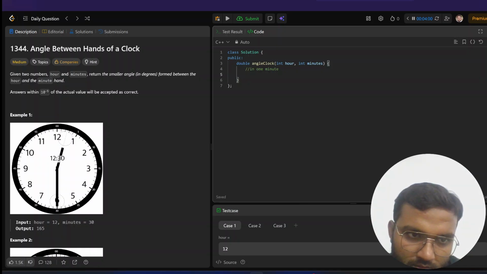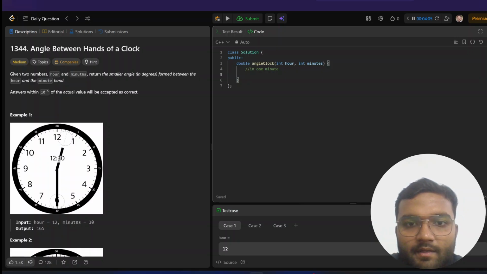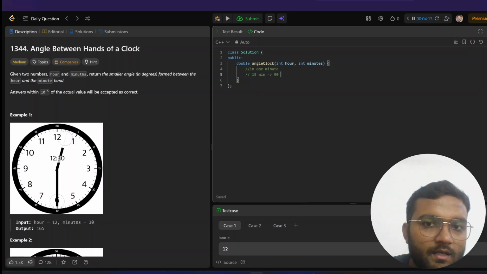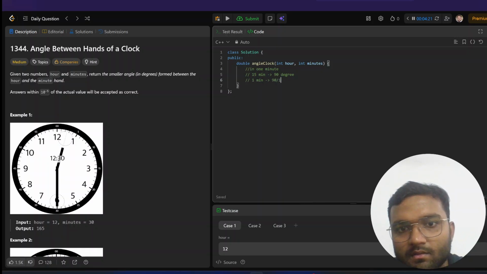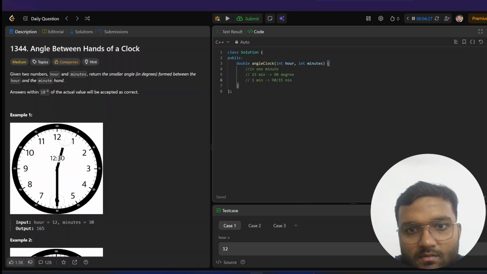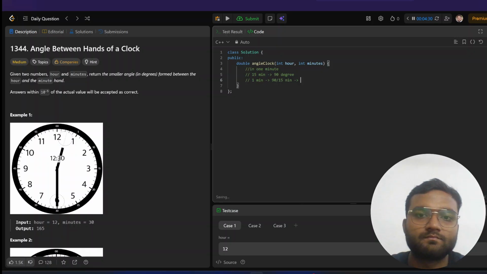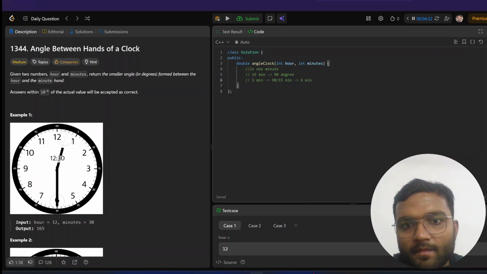So 15 minutes is 90 degrees. Then in 1 minute we get 6 degrees.